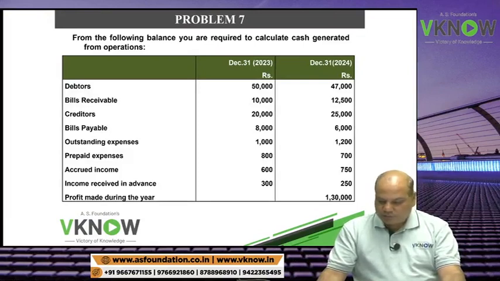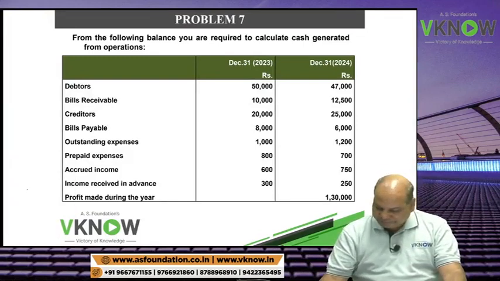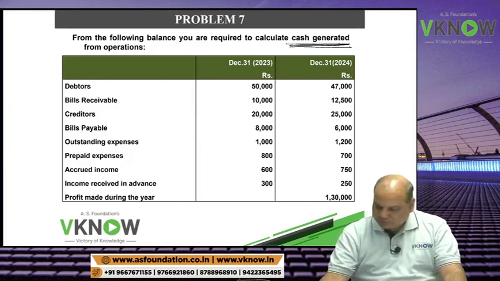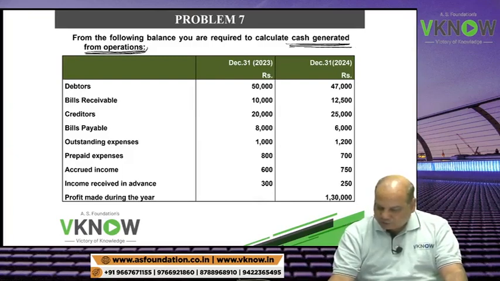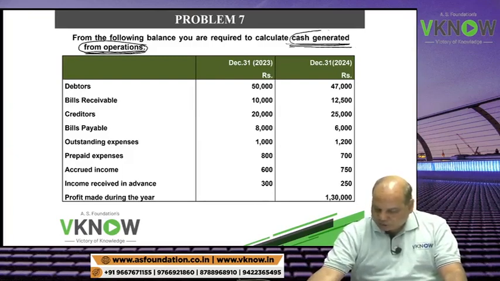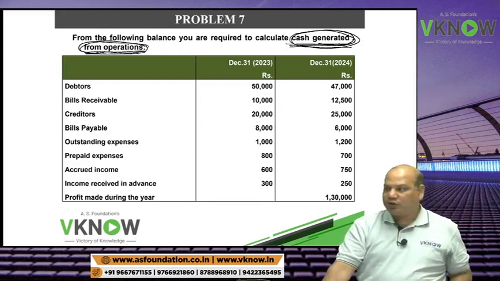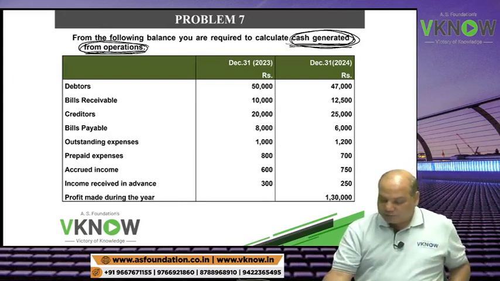Question number 7. From the following balance, you are required to calculate cash generated from operations. Only you have to find out how much cash is generated from operating activity. Not a full question, only operating activity.